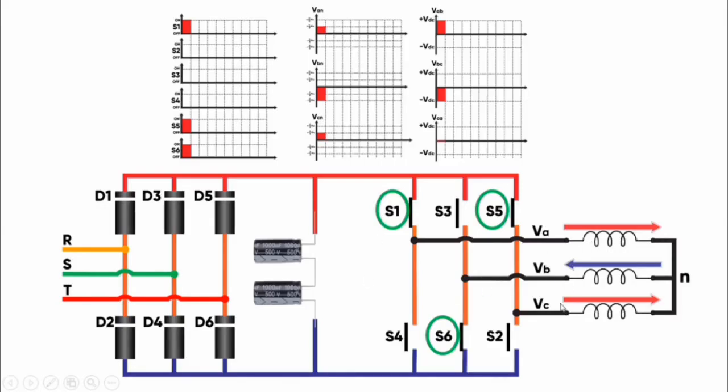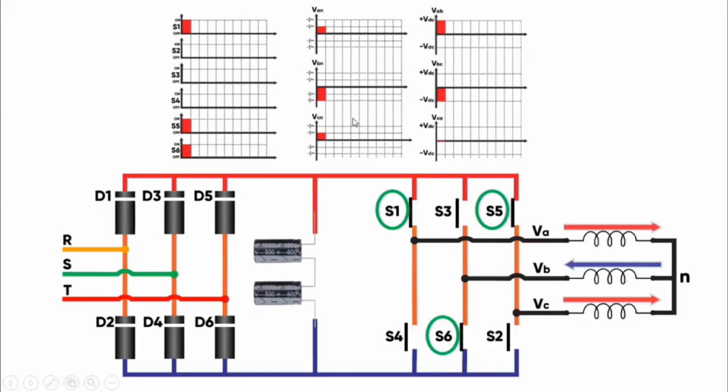Also, if switches S5 and S6 are closed, a potential difference is created between these 2 points as well, and again its value is 1/3 of VDC. And finally, between VB and the neutral point, a potential difference is also created. Since the direction of our current has reversed, and the current is now flowing out from this part, this voltage becomes negative and its value is minus 2/3 of VDC.